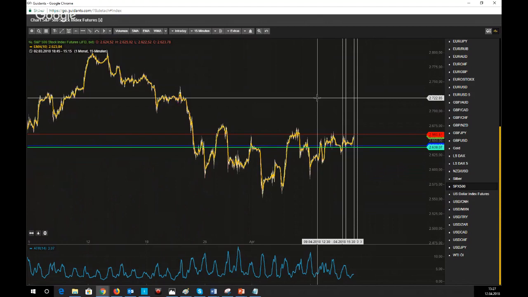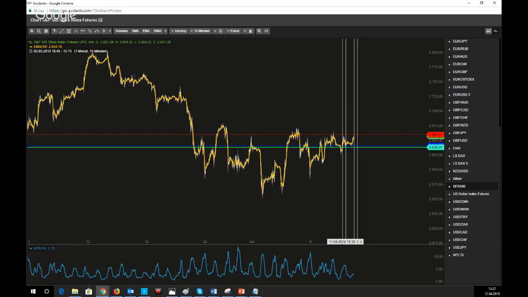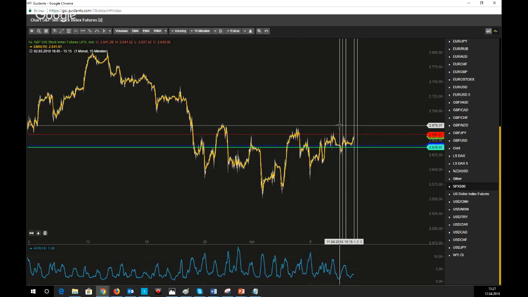And with this said, I think it's not the worst idea, when a long trade is triggered based on our setup here, to trade the long side a little more aggressively than the short side. So let's put this in numbers and give an example.